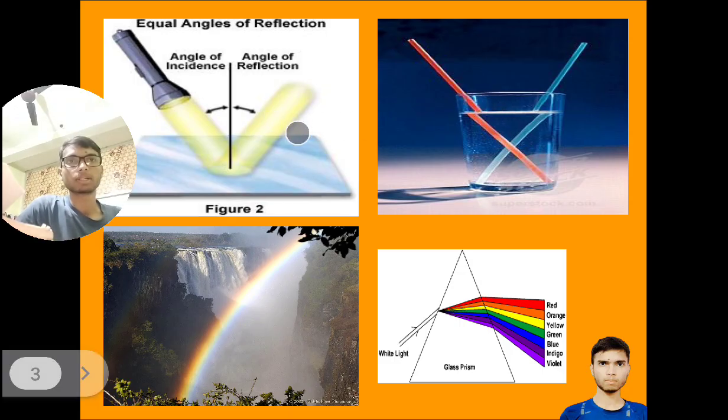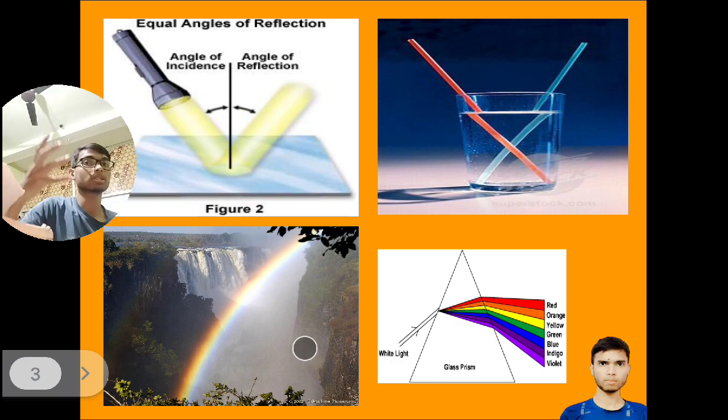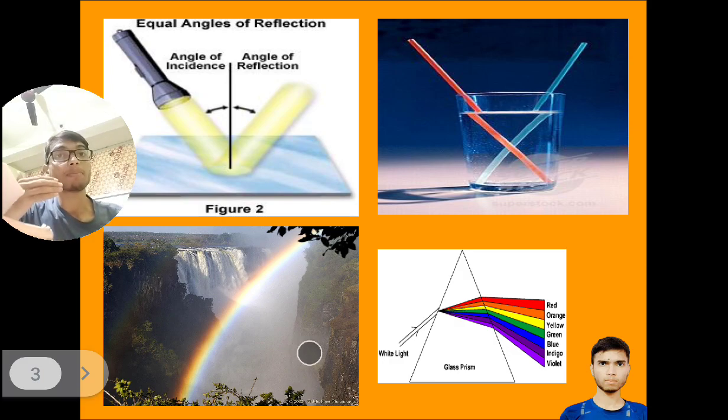We have understood this figure as well as this figure. Now in this figure you will see the splitting of white color into 7 colors, and all those 7 colors are appearing here, and details will be discussed in a separate slide.